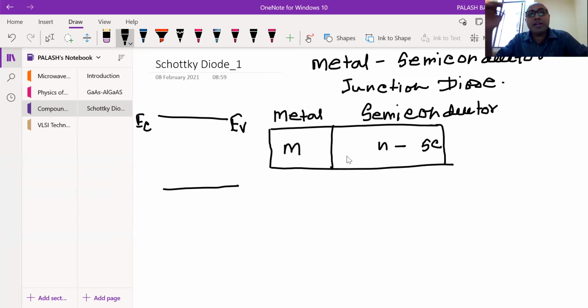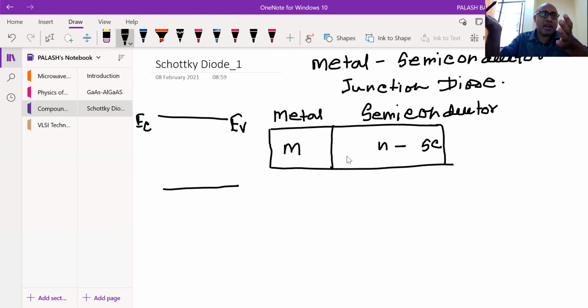Similarly, in the metal case, the carrier concentration is tremendously high, 10 to the power 22 or more. From our PN junction perception, what happens if you increase the carrier concentration in a semiconductor? The Fermi level slowly moves toward the conduction band.